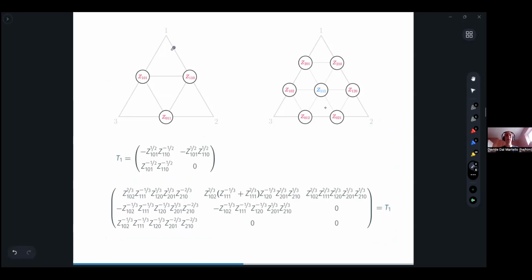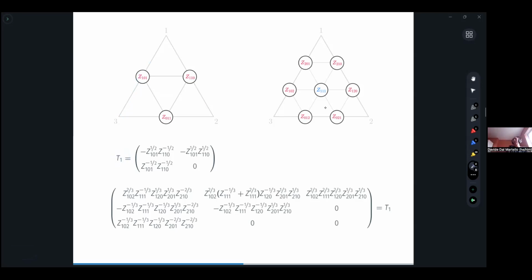T1 sends this side, or better, their corresponding projective bases, and by moving this to this, you see that the only variables involved are these and this, because this base is not involved in the action of T1. I'm just comparing this with this. So we know now that these Ti are the objects we want to use.